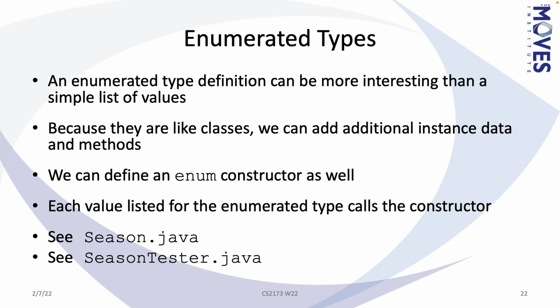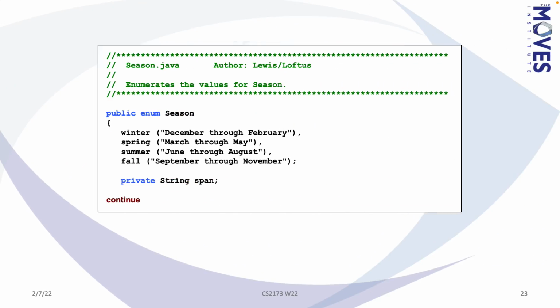We can define instance variables and constructors, and their example is not quite as interesting as the one I'm going to show you in a second. But here's how, it's a little bit odd how you do it. When you're defining these, you have to push through a bunch of red squigglies, which is one of the things I don't like about it.